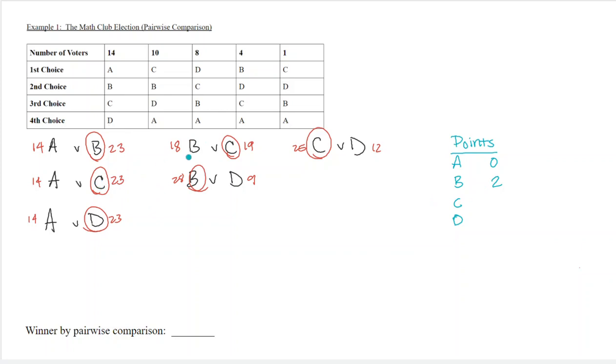C has 1, 2, 3 wins, and D has 1 win. So our pairwise comparison winner is the candidate with the most points, which is candidate C, Carmen. Now, Carmen is also our Condorcet winner because she won all 3 of her matchups.